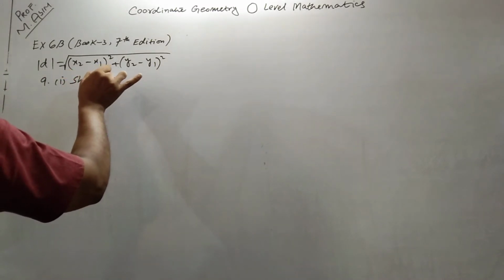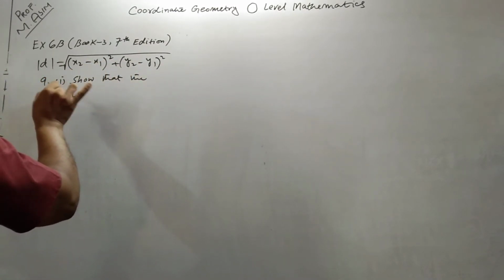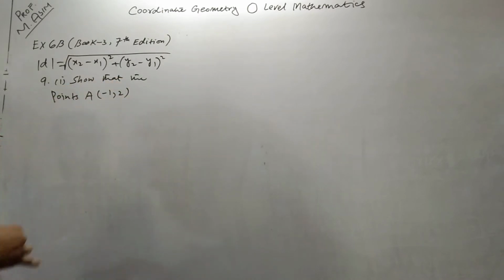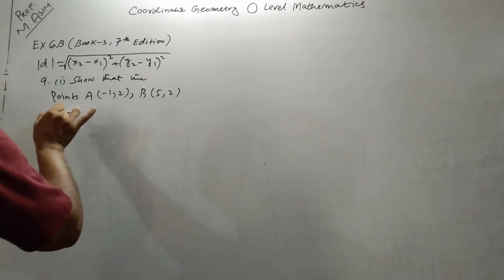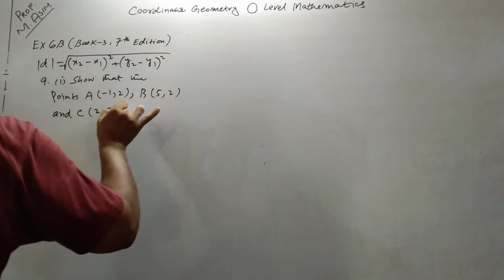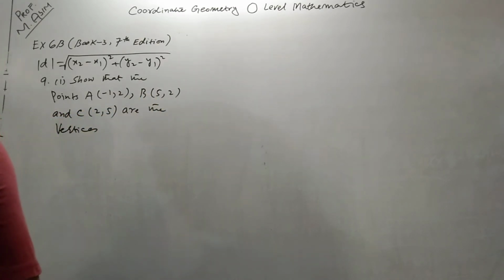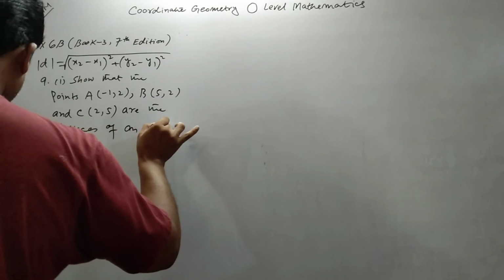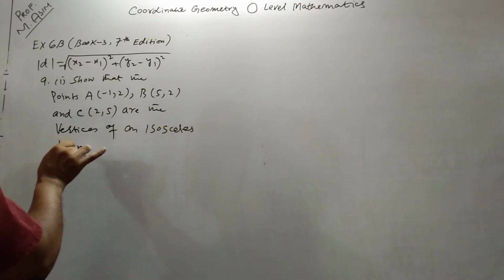Show that the points A minus 1 comma 2, B 5 comma 2 and C 2 comma 5 are the vertices of an isosceles triangle.